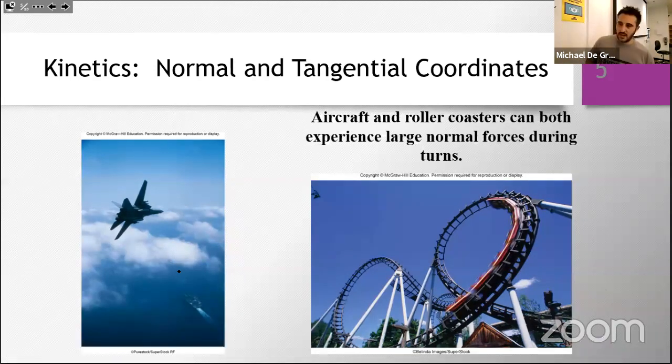So an aircraft or a roller coaster both experience large normal forces during turns. We talked a little bit about normal acceleration in the cars on the Texas Motor Speedway, right? We learned about how you could set up a chain of people to squeeze each other's heads to make sure you don't pass out, right? All really scientific and important stuff.